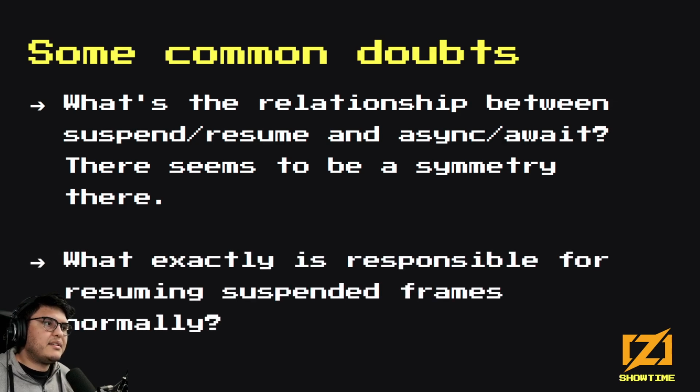Another question that people ask is, what exactly is responsible for resuming suspended frames normally? I know that I've been programming in Python, JavaScript, or similar languages, and I'll use JavaScript as the example. I know that in JavaScript there is one single thread that is running my code, or Node is not single threaded completely, but the main control loop is single threaded.